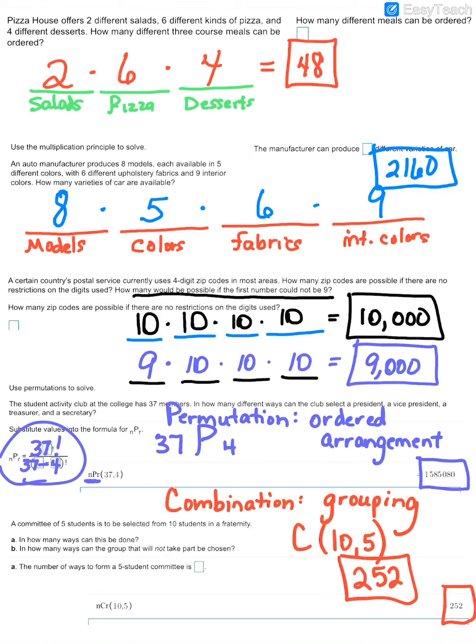The second part of that question says, in how many ways can the group that will not take part be chosen? Well, how many people are not chosen? And in that case, there's still 5. So there were 10 to start out with, and there are 5 not chosen. So the second part of that answer is the same as the first because you're choosing 5 either way.